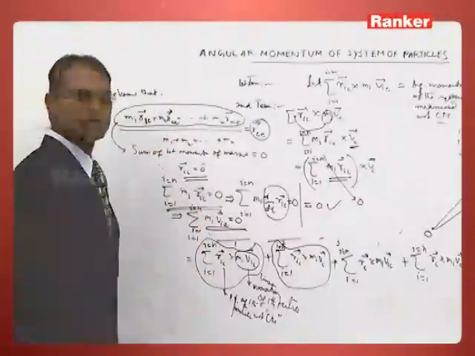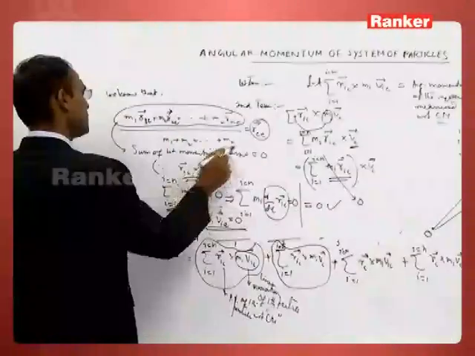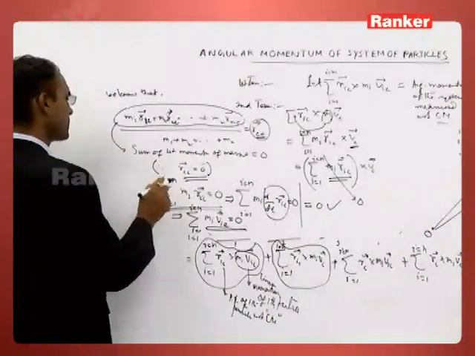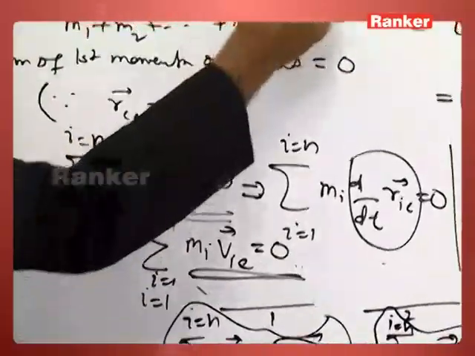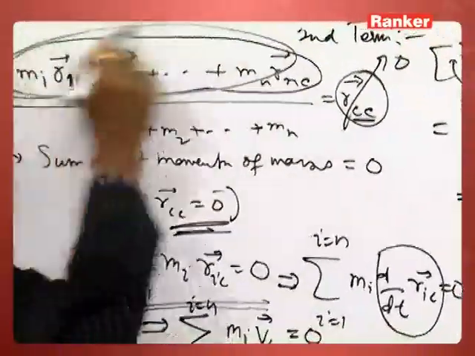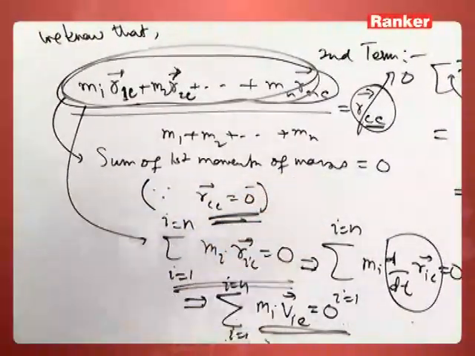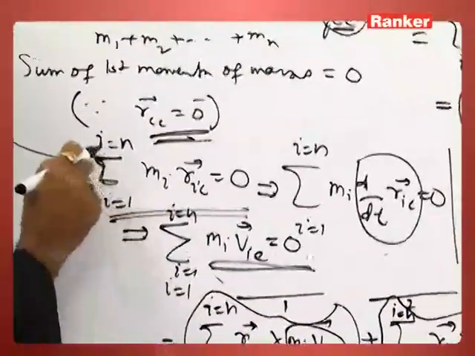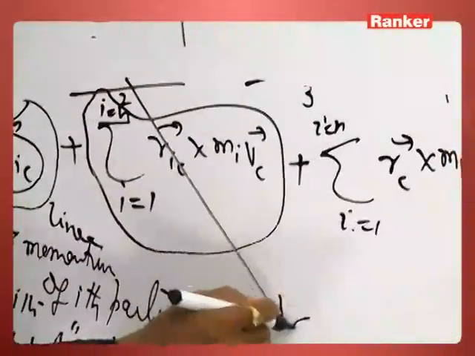This physically signifies the sum of the first moments of the masses is 0 because the position vector of the center of mass with respect to itself is always 0. Let us come to this term. Since r_cc is 0, this will be 0. But this term is none other than the sum of the first moments of all masses. Symbolically, we can write summation i equal to 1 to n, m_i r_ic is equal to 0. So the second term will be equal to 0.